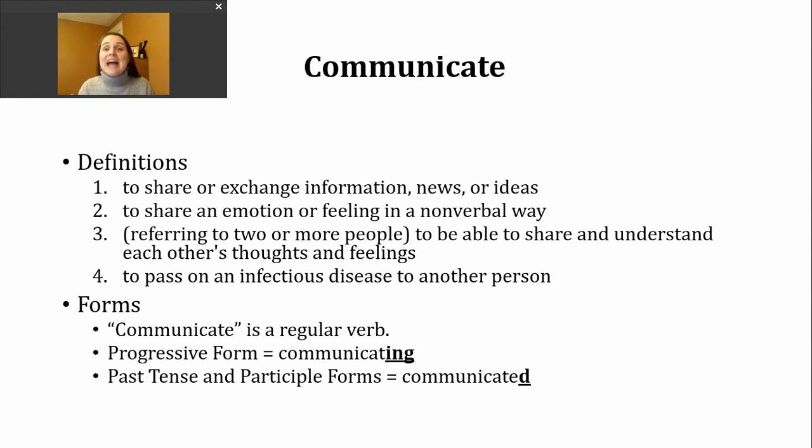You should know that communicate is a regular verb. To make the progressive tense, what I need to do is drop the E and then add ing to form communicating.